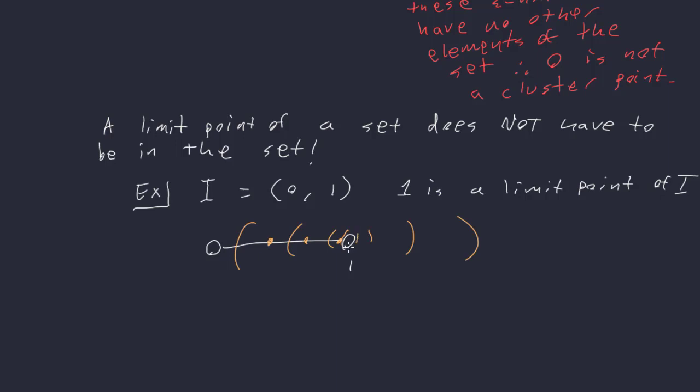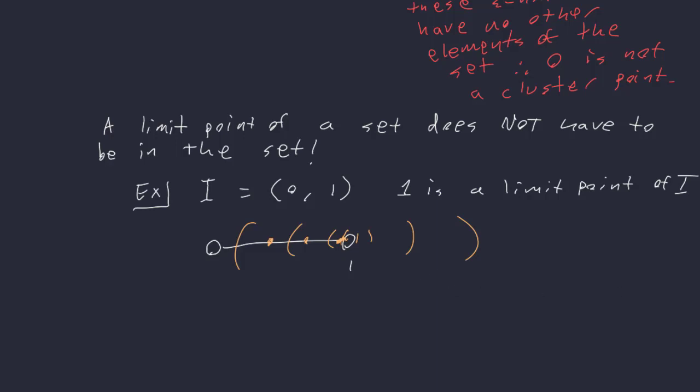As small as you want to get it, you will find things that get closer and closer to 1, but it doesn't matter that you never actually get to 1. We can find elements in the set other than 1 for any epsilon.